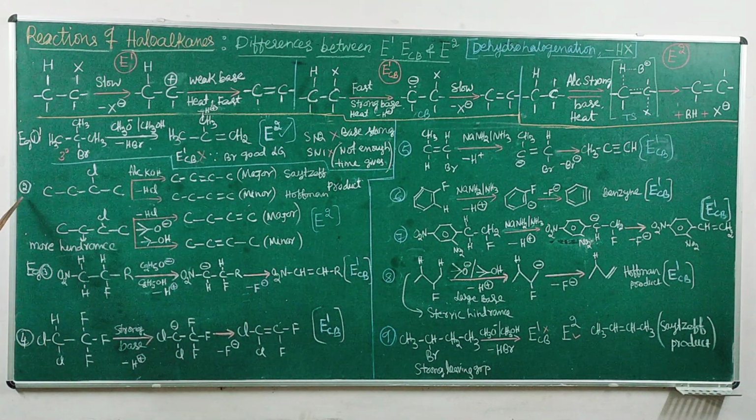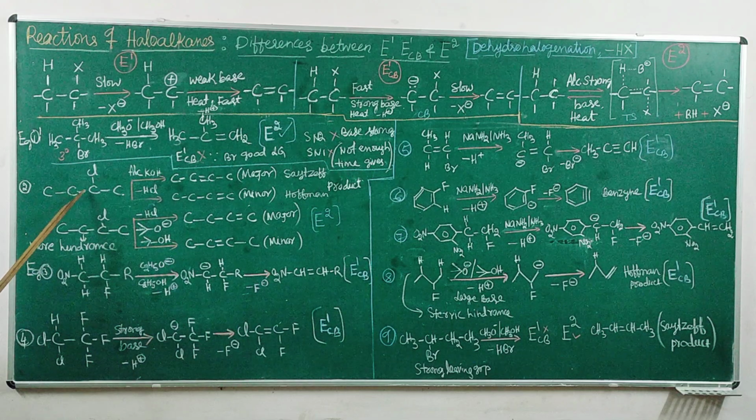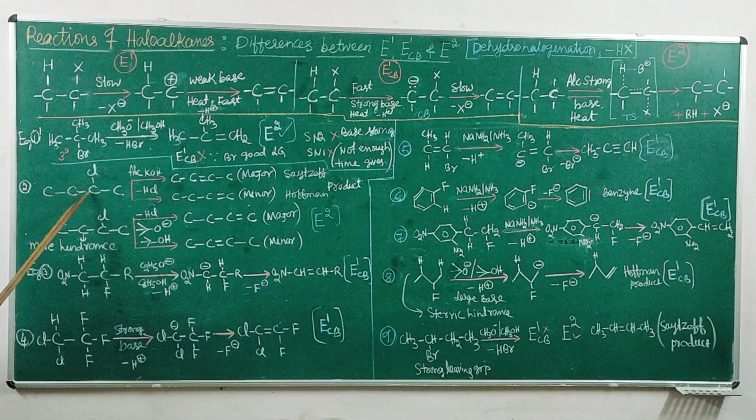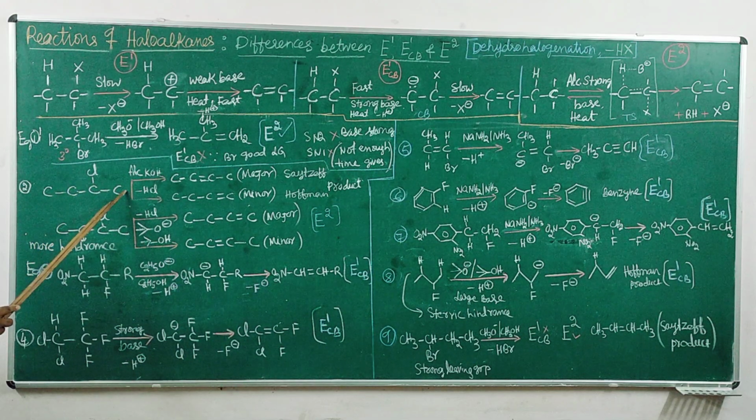And the second one, look at this. The compound is written only as C, with CH3 there. Hydrogen is not mentioned. It must be CH2 because the other three bonds are already CH and CH3.